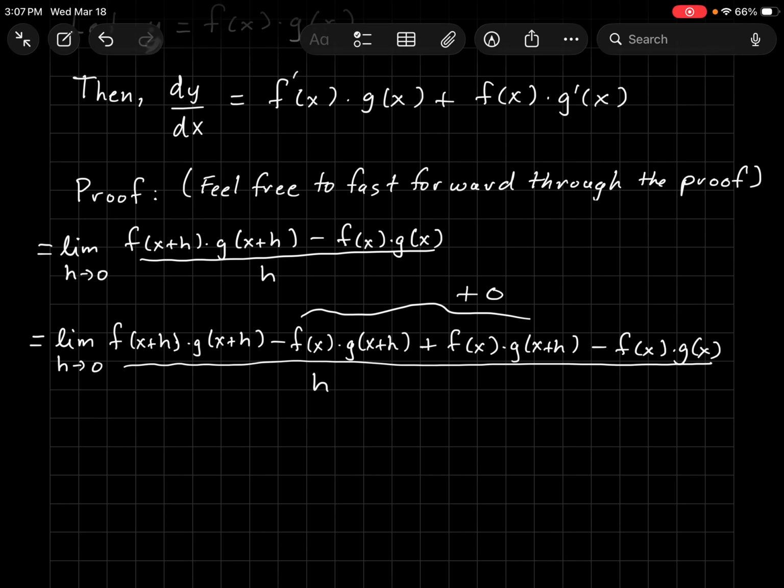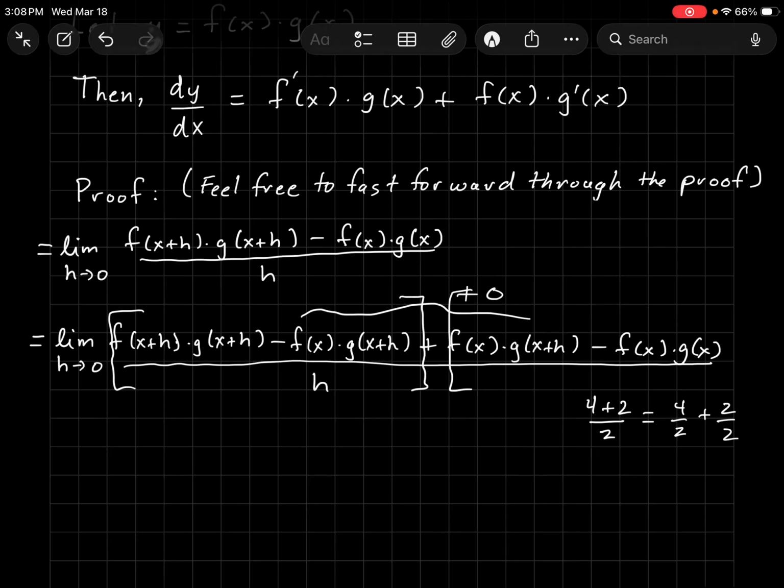Now, I'm going to do a little basic algebra on the side. If I have something like 4 plus 2 over 2, I can rewrite that as 4 over 2 plus 2 over 2. So you're going to see that I'm going to break this up into two separate pieces.